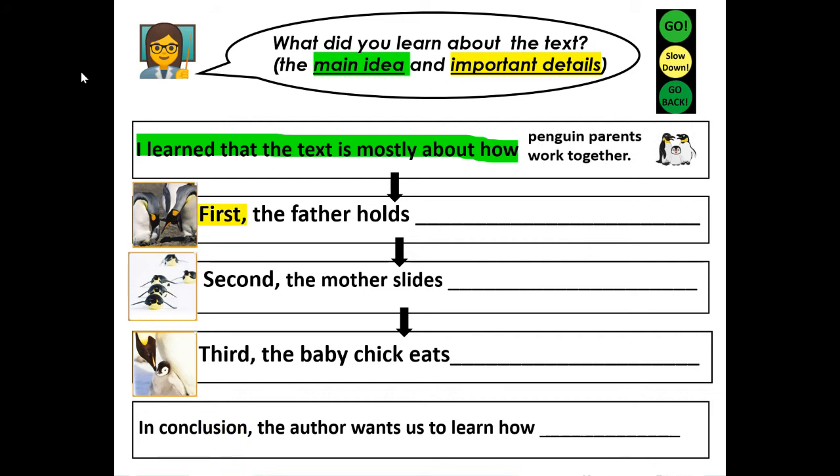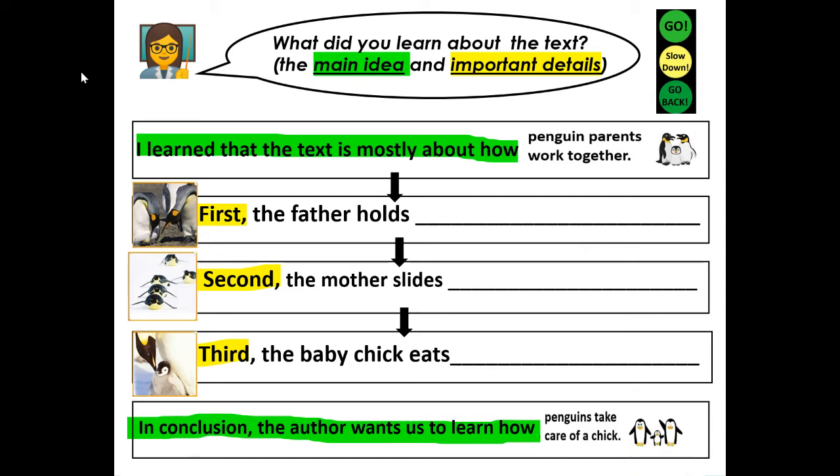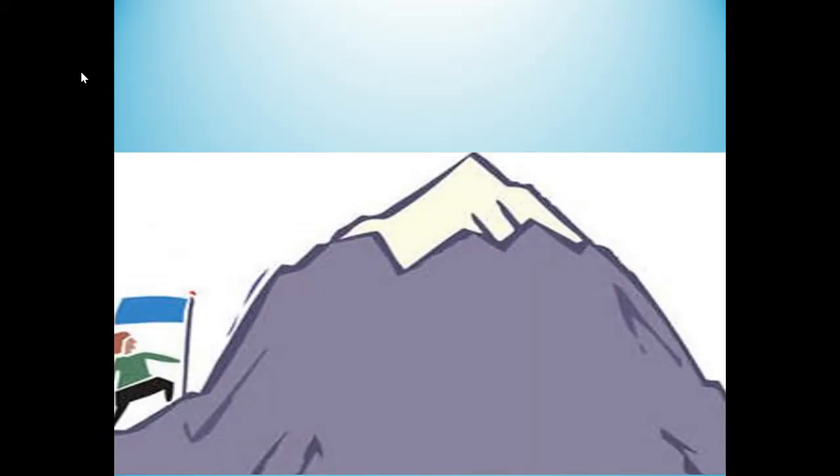And then we're going to slow down and use a transition word: first. Then we're going to slow down again: second, third, and then we're going to go back and restate our topic. In conclusion, the author wants us to learn how penguins take care of a chick.